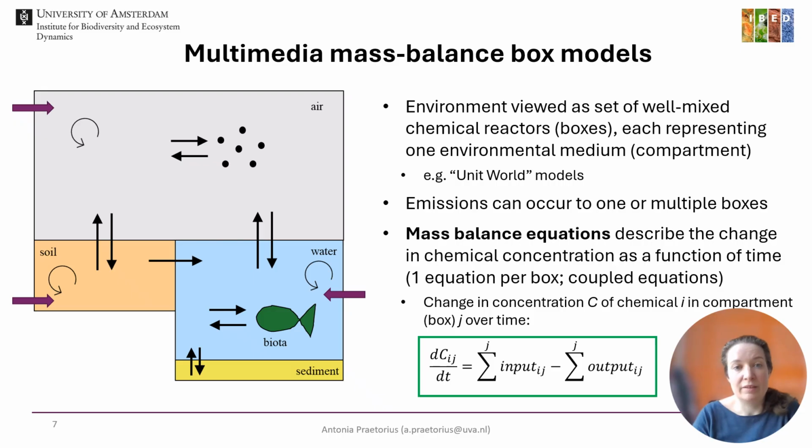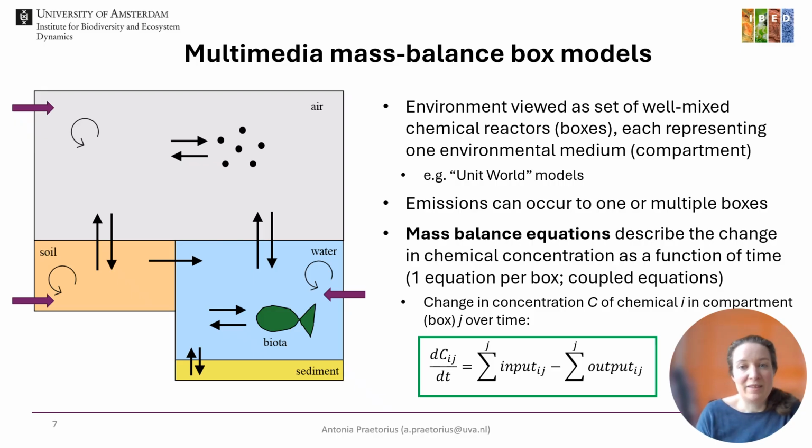And this results in a system of coupled mass balance equations that can then be solved either as a function of time or at steady state to then obtain the concentration of a chemical of interest in each environmental compartment as a function of time or at steady state.